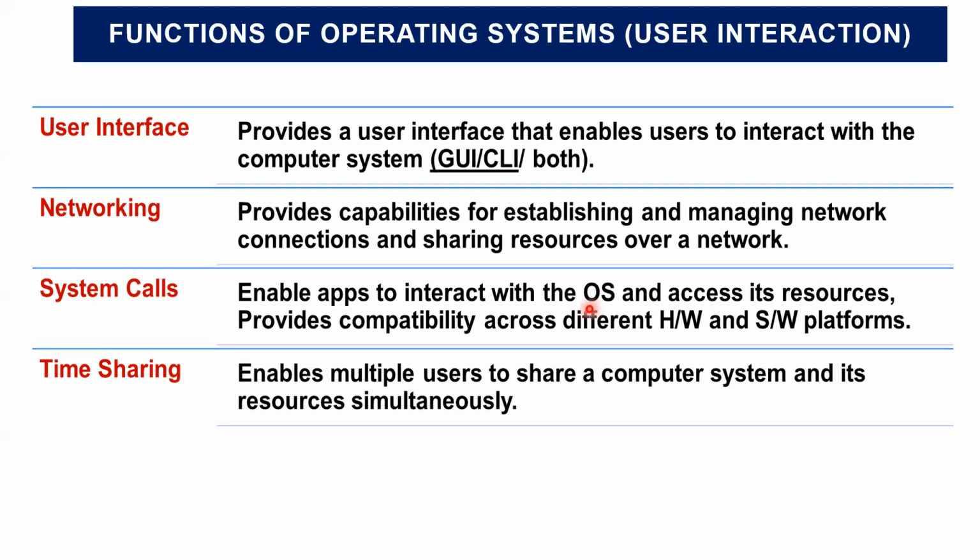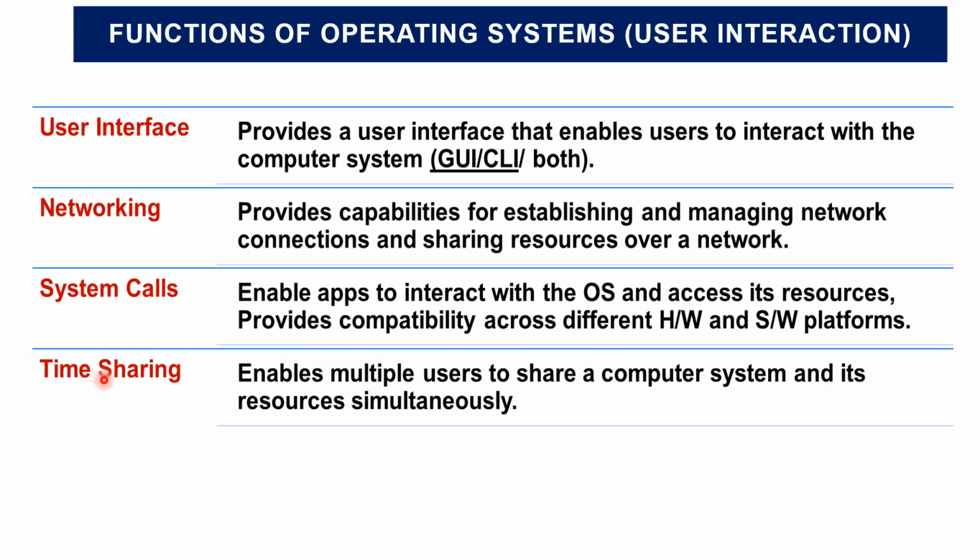No matter what kind of computer system you are using, if you use system calls, then your application can run on any platform or any machine. So basically system calls provide the compatibility for applications to run across different hardware and software platforms.